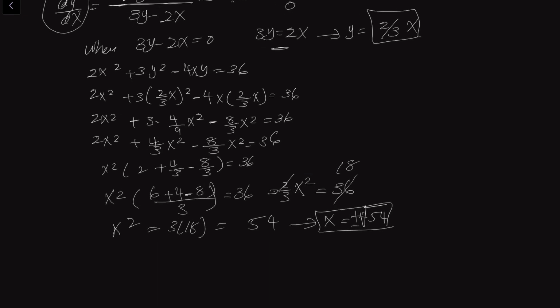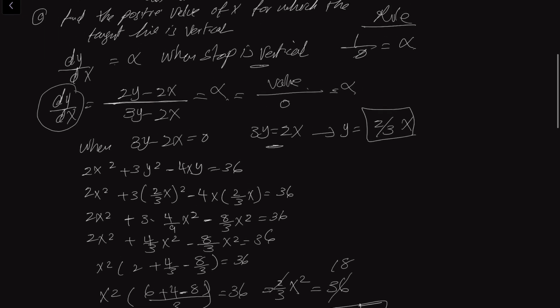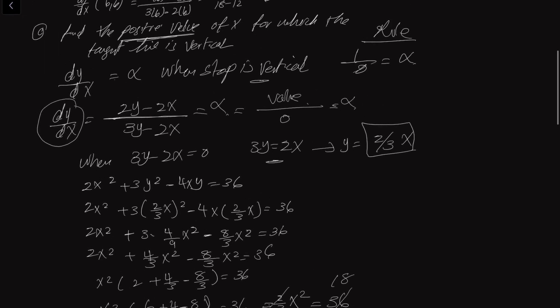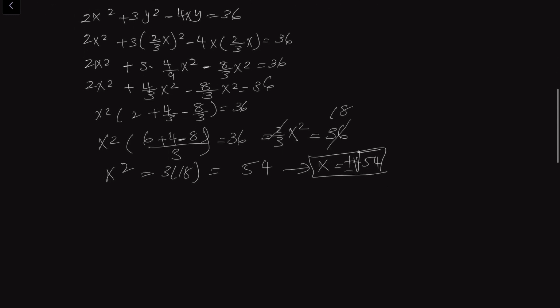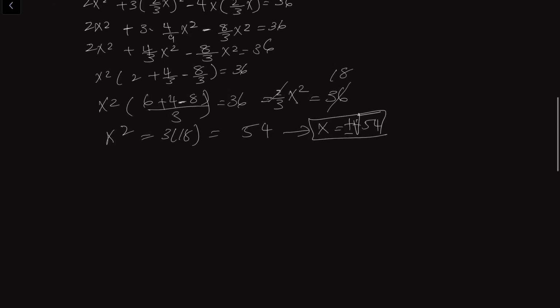But since it is asking what is the positive value here, if we go back, we're going to only choose x equal the square root of 54.